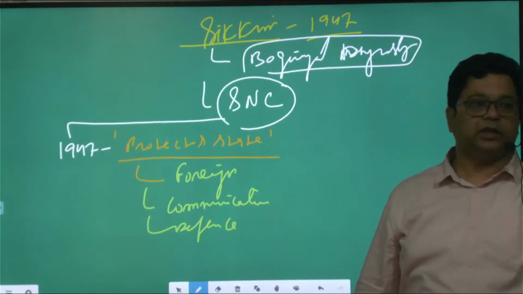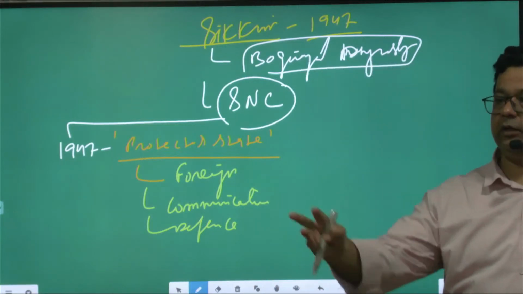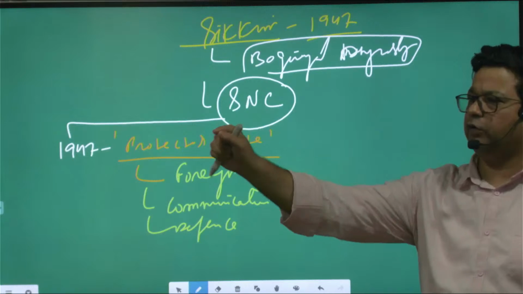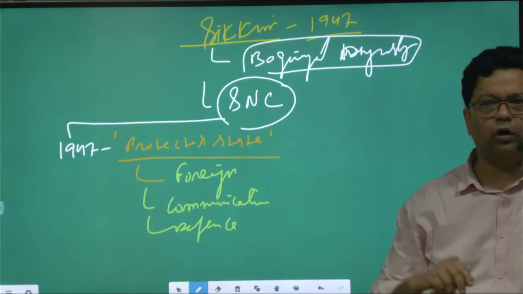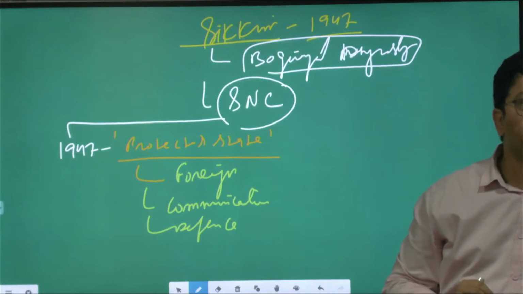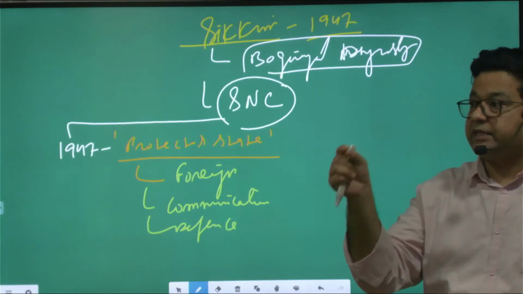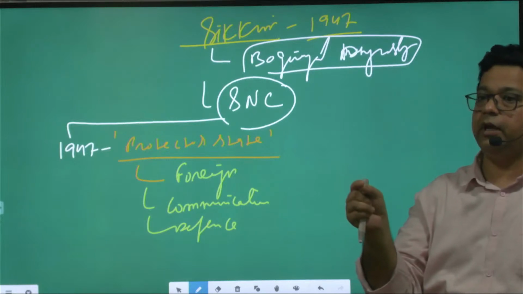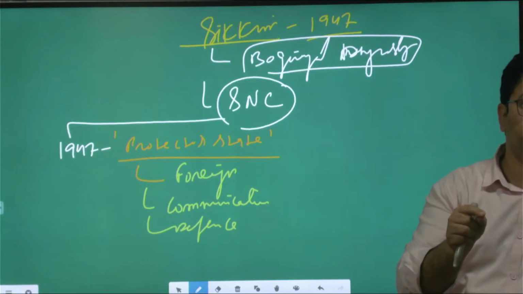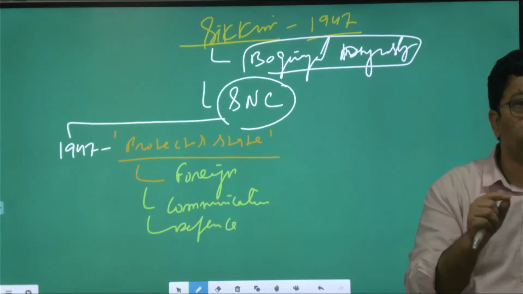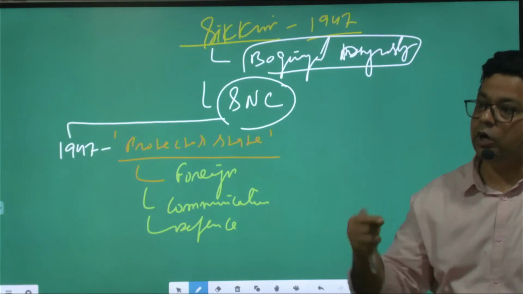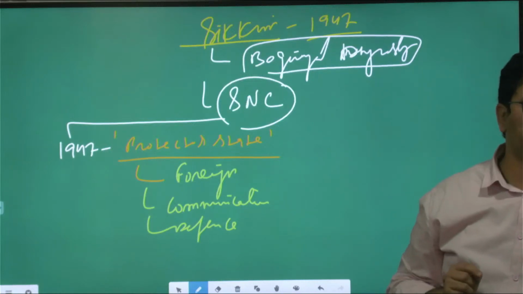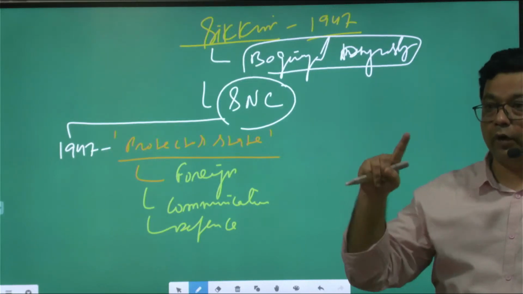The rest, Sikkim should be governed by their king. And India placed one of its representatives at the Sikkim court or assembly. Getting my point? The same person placed at the Sikkim assembly as a representative of India was also entrusted with the responsibility of Bhutan, because Sikkim and Bhutan are at the border.